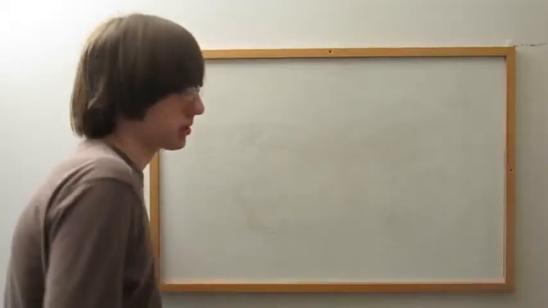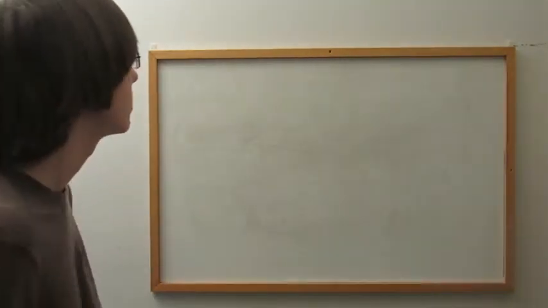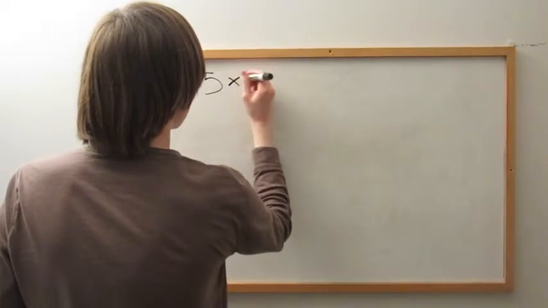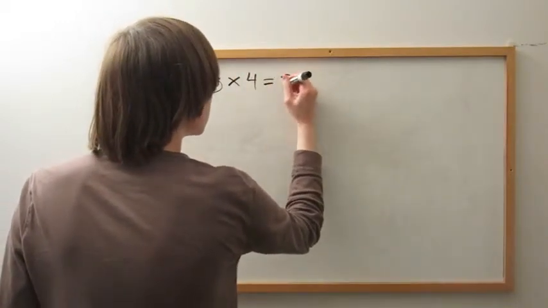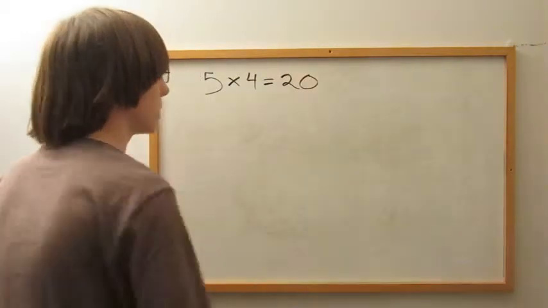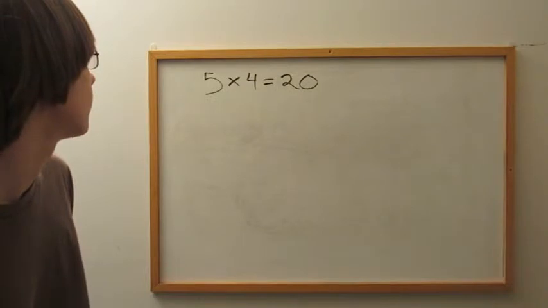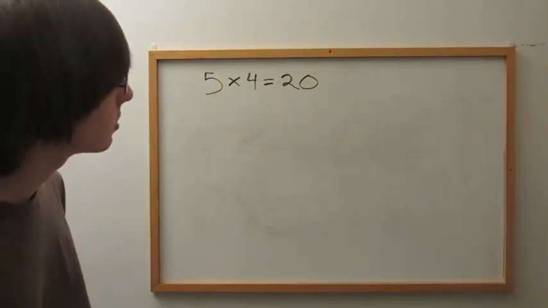Alright, next thing we want to talk about is multiplication, okay? 5 times 4 is equal to 20. Well, that doesn't look very comforting, does it?